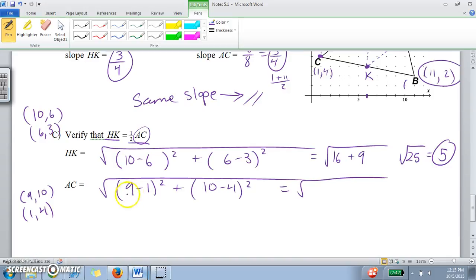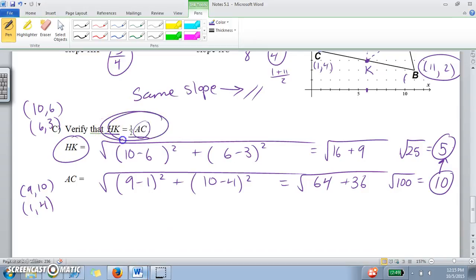So this is going to equal 9 minus 1, which is 8, squared, which is 64. 10 minus 4 is 6, squared is 36. 64 plus 36 is 100. Square root of 100 equals 10. So AC, if I take half of that, I do get 5, which is the length of HK. So both of these work. HK is half of AC, and HK was parallel to AC.